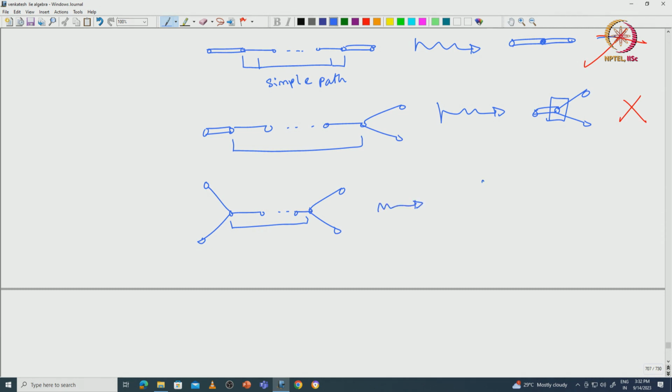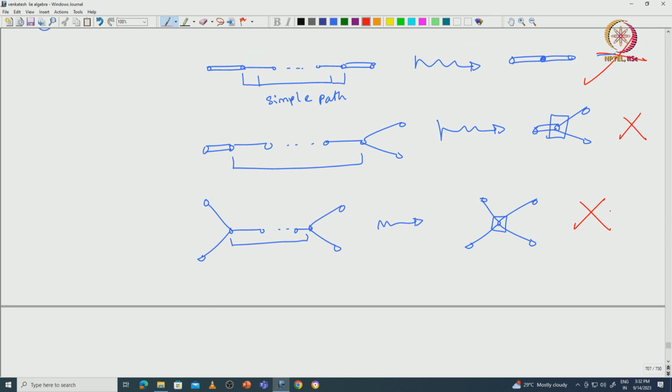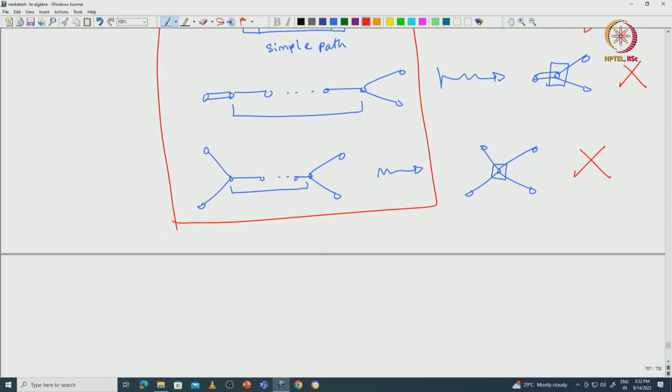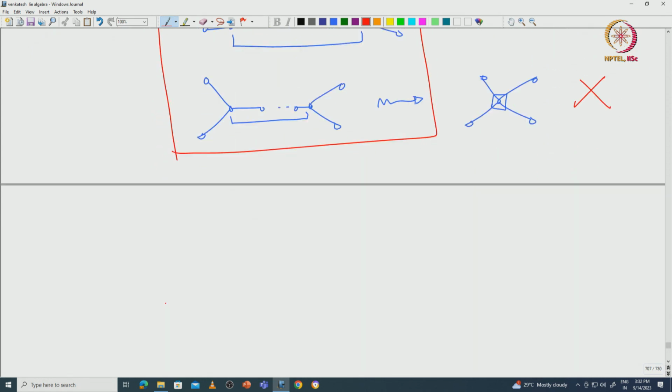Then you get something like this, and again this vertex has 4 edges meeting it. So, that is again not possible. These things are not allowed at all. All these 3 are not allowed. That again puts lots of restrictions on your graph. So, now more or less we are ready to prove what we want.